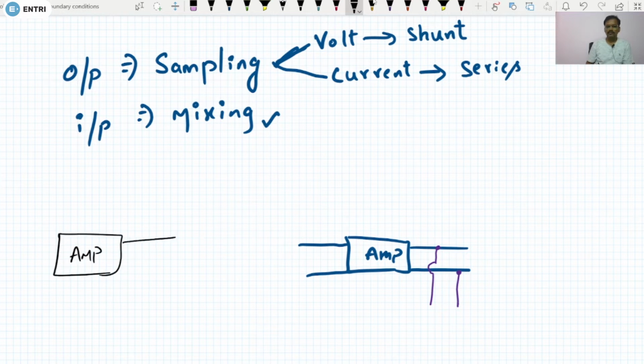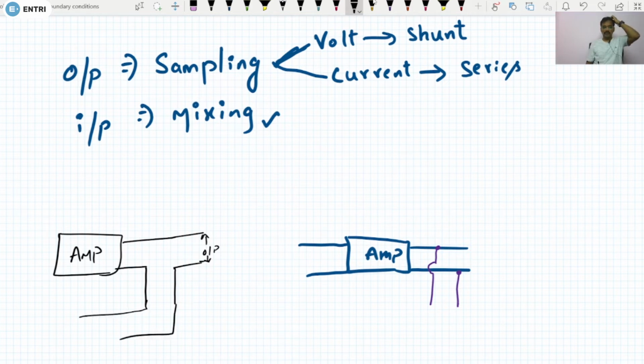If you want to sample the current, you are going to connect like this. Here it is the output. So you are going to connect at the output in this manner. This is called connecting in series.